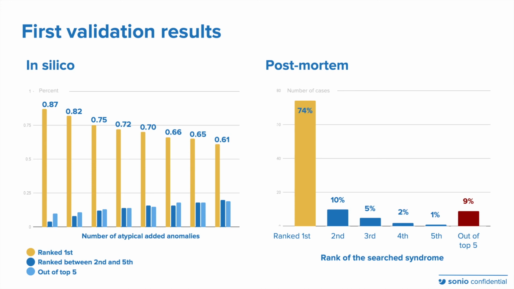The same approach was performed on real data, and instead of randomly generated phenotypes, we used post-mortem phenotypes following termination of pregnancy with a genetic confirmation of the diagnosis. On this data set of more than 80 cases, Sonio guessed the true diagnosis in 70% of the cases. It failed to identify the true diagnosis within its top 5 in only 9% of the cases.